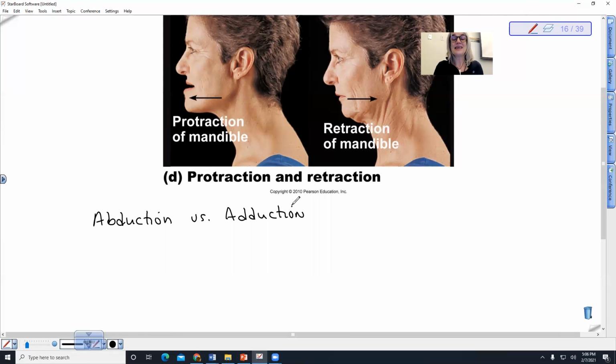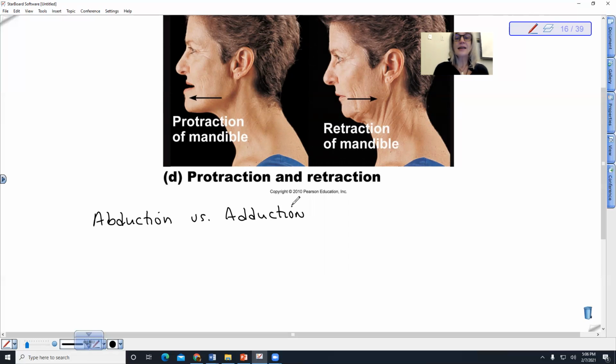And what that means is that you are moving your body part away. So if I lift my arms out to my side, that is abduction. If I move my fingers apart, that is abduction of the fingers at the metacarpals and phalanges, right?